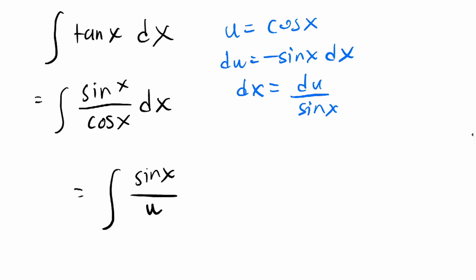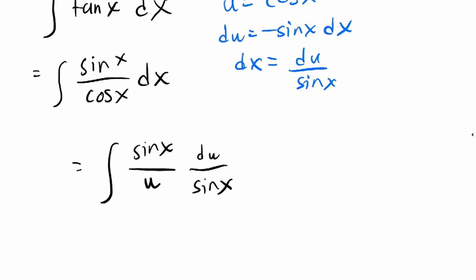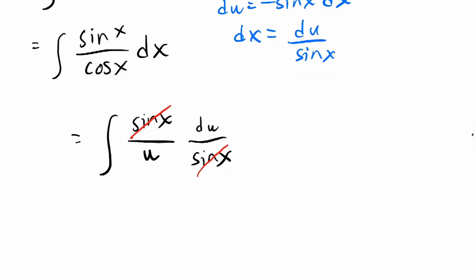This is where this came from. And our dx is just du over sine x. Now we see that the sines will cancel out very nicely, and our remaining integral is just the integral of 1 over u du.